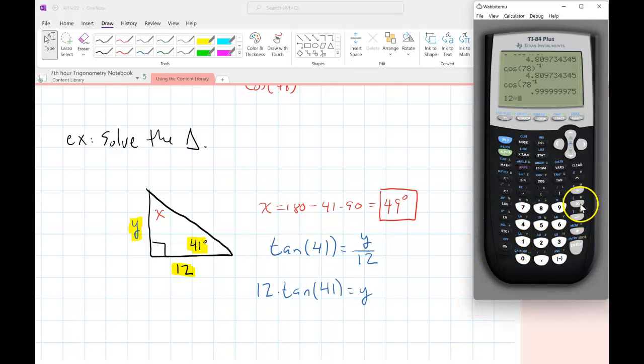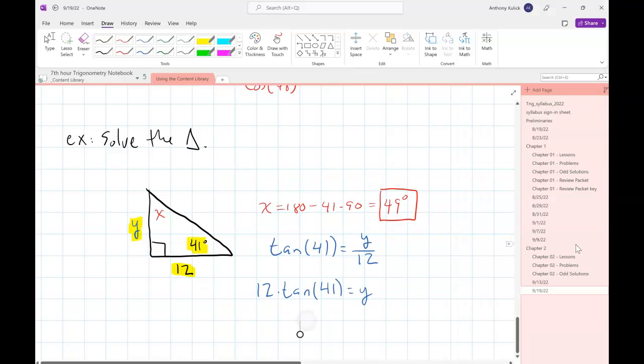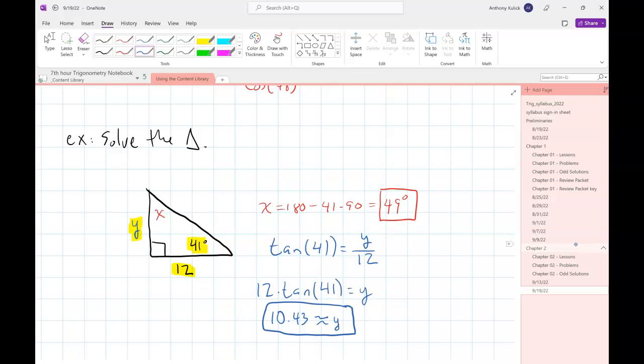Now it's calculator time. So I get about 10.43 for that answer. We feel okay with that?